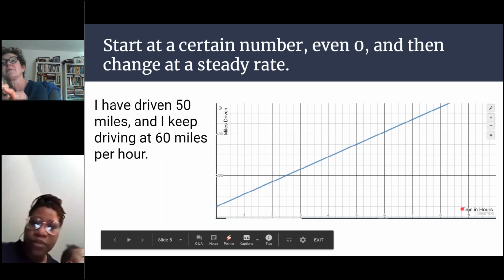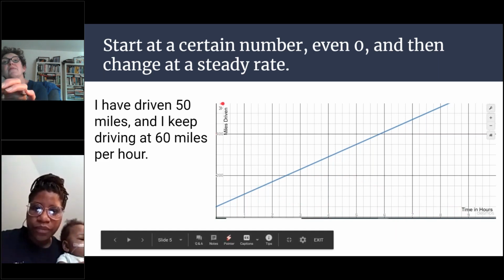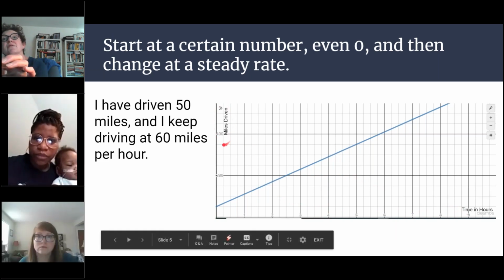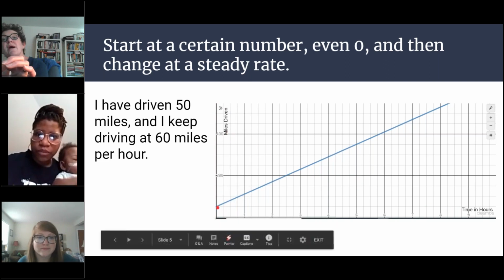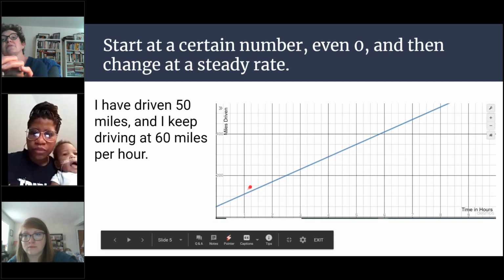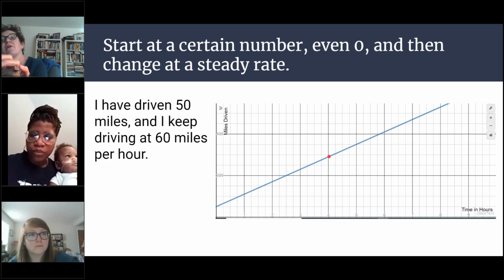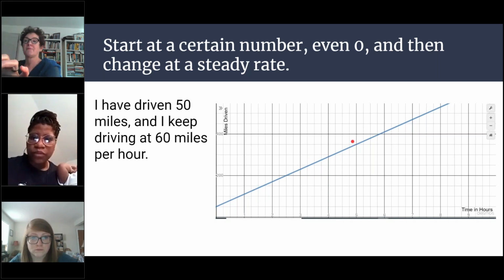Notice over here, it tells me time in hours. And this is my miles driven. So I'm going to start at 50 right here and go up 60 miles. And I would be able to tell you in 3 hours, how far have I gone? In 4 hours, how far have I gone? In 5 hours, how far have I gone?